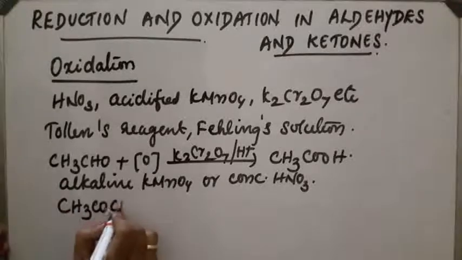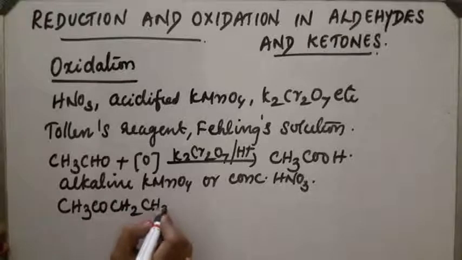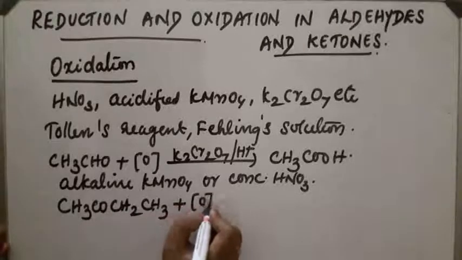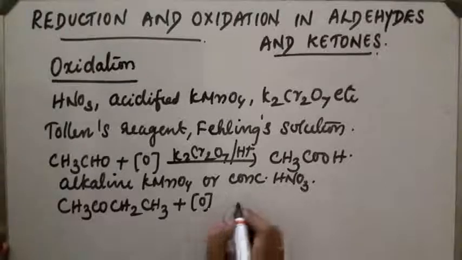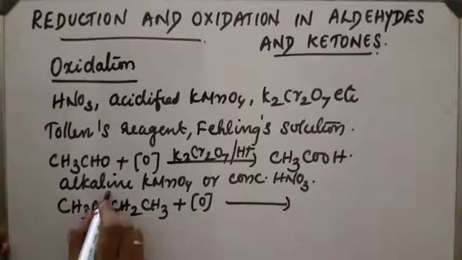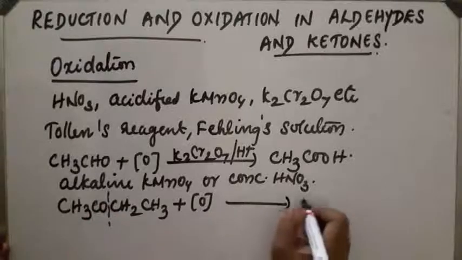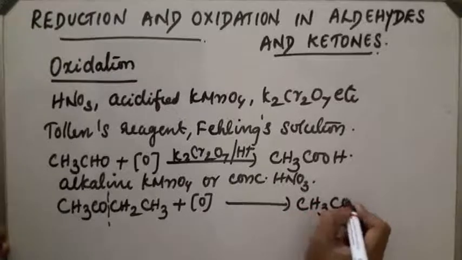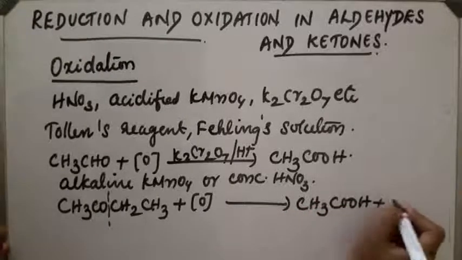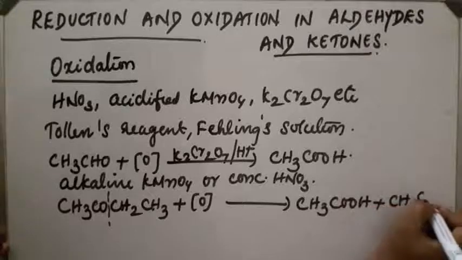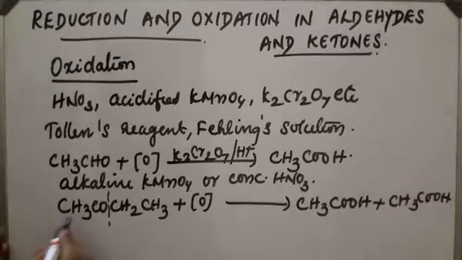Let us see the reaction. CH3COCH2CH3, a ketone, on oxidation gets converted into CH3COOH plus CH3COOH. Here the breaking takes place, and the CO group moves along with the smaller alkyl group.